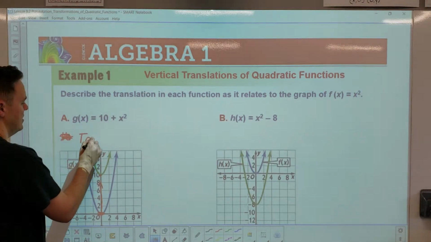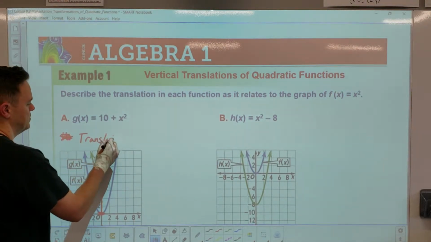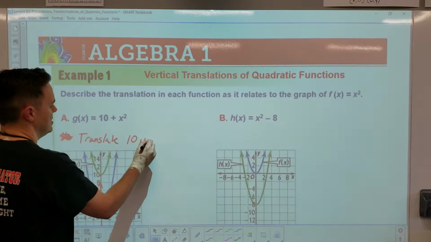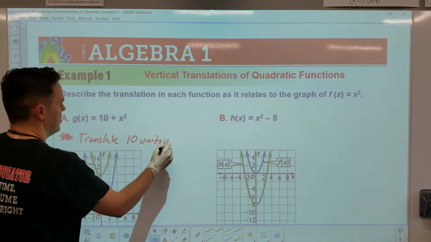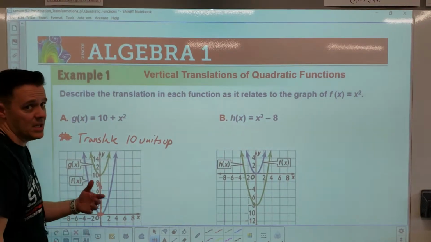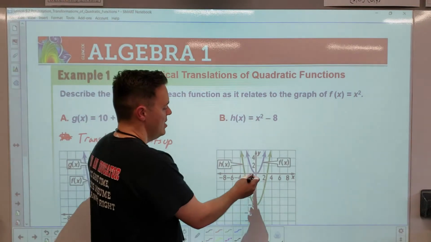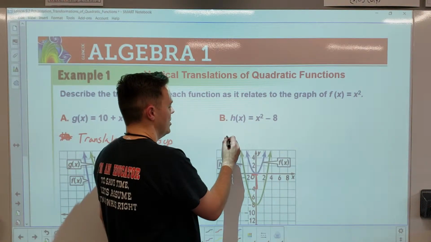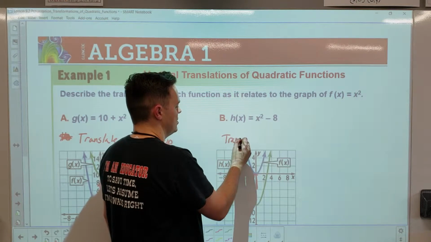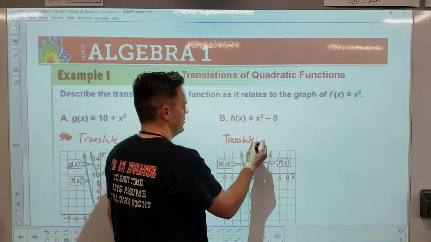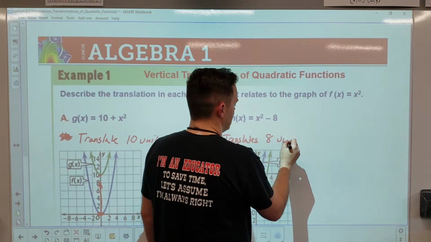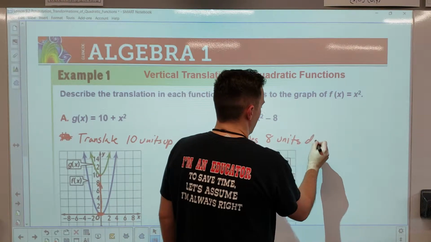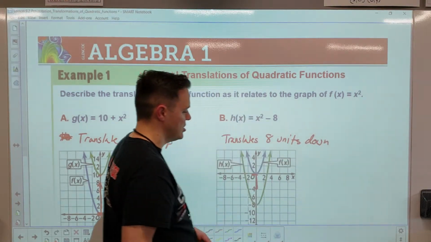It's translating 10 units up. If you got the notes from me later on in class, please make sure you know that. This one goes down because it's negative. So this translates, and this is the only time we write the word translates, 8 units down. Okay, that's this functionality.